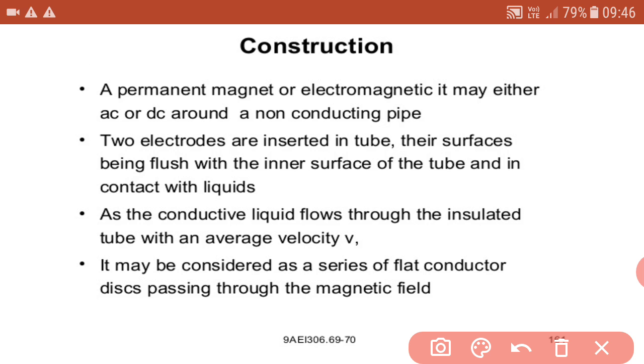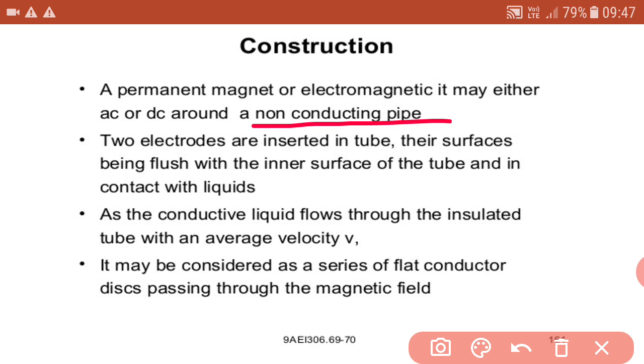A permanent magnet or electromagnet, either AC or DC, is placed around a non-conducting pipe. We can see two permanent magnets, N and S, as we have already seen in the construction.